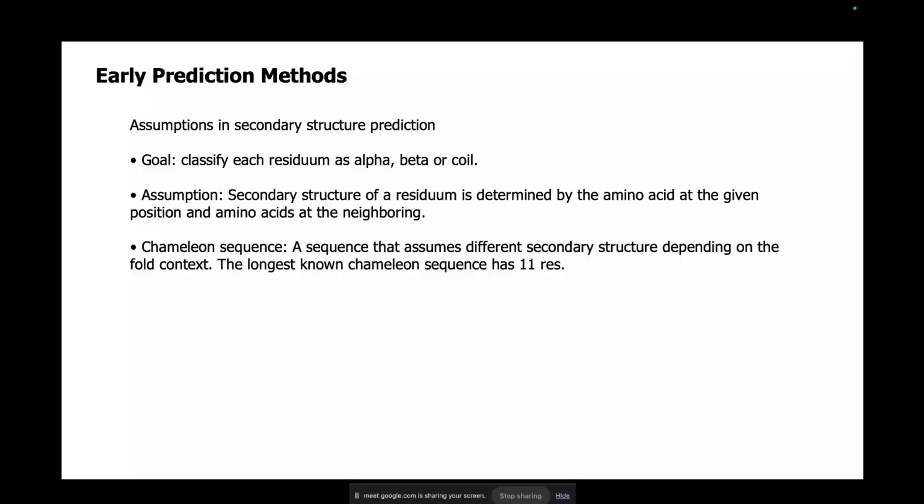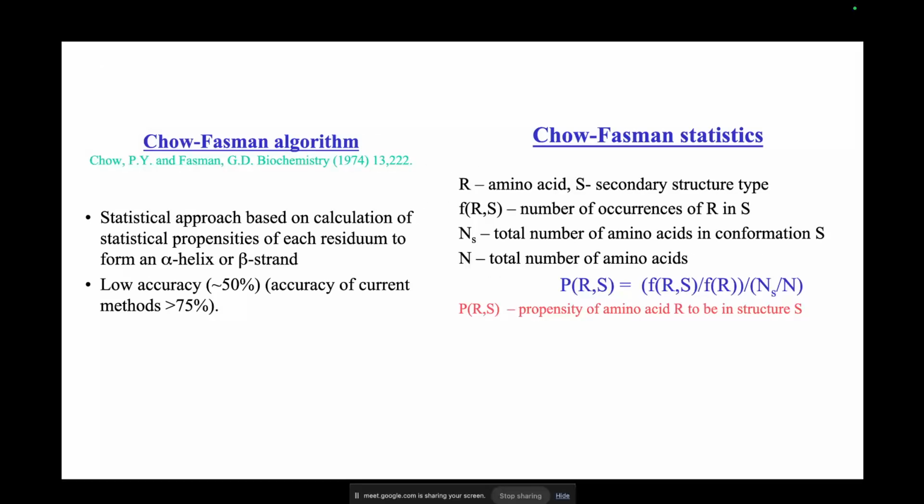And something is defined as a chameleon sequence, which assumes different secondary structures depending on the fold context, right? Depending on the pH of the available medium, depending on other factors, the same sequence will fold differently. These are known as chameleon sequences, and they generally have around 11 residues which control this, right?